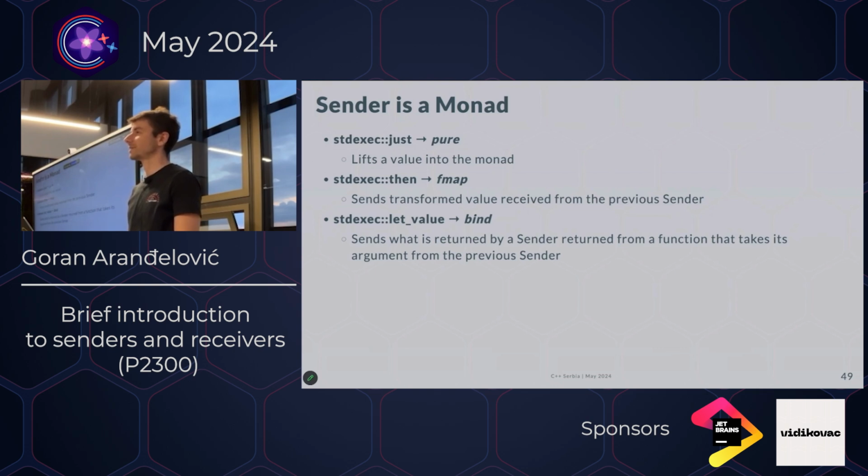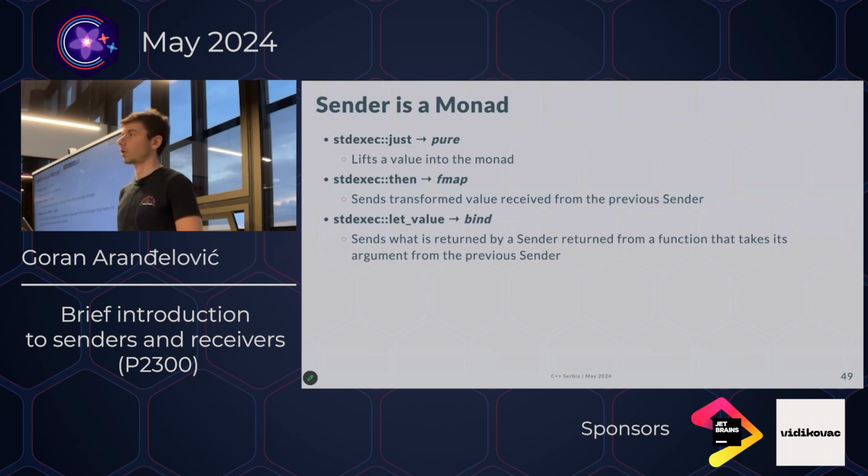Monads are just functors in, okay. I'm just going to say let value is the other one, the one that changes the continuation, that returns a sender and not a value.